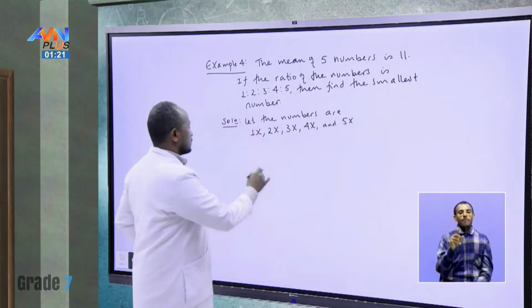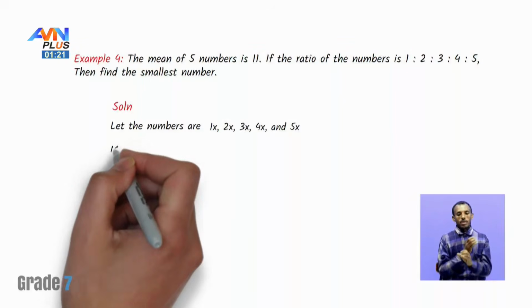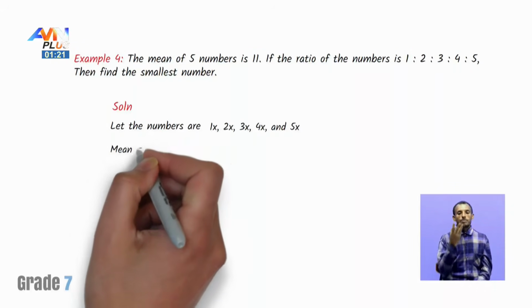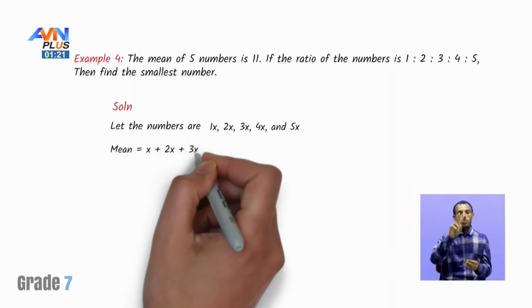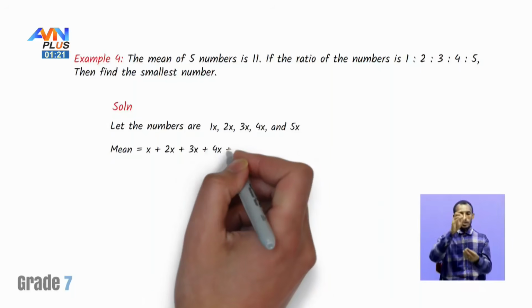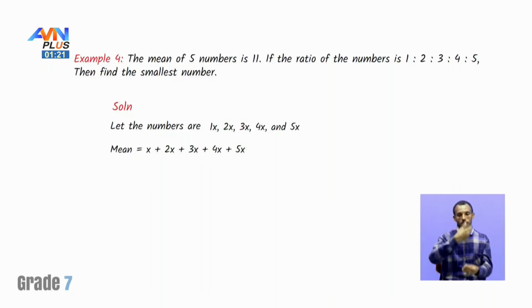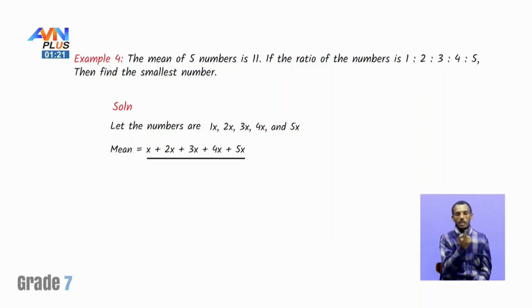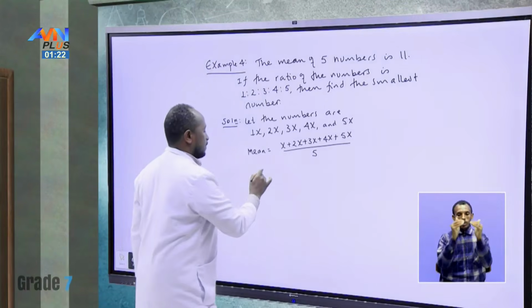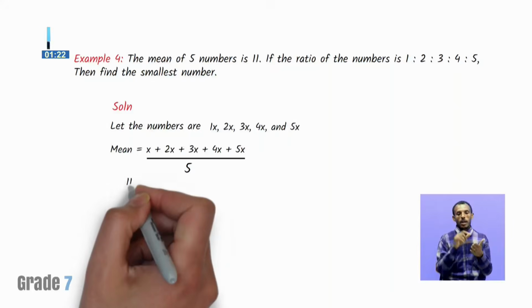So how do we calculate the average? The mean is given by the sum of the numbers, 1x plus 2x plus 3x plus 4x plus 5x, divided by the number of data. Here we have 1, 2, 3, 4, 5 numbers, so we divide by 5. But the mean is given as 11. Therefore 11 is equal to this sum over 5.